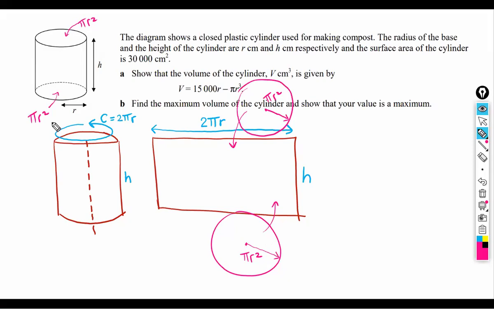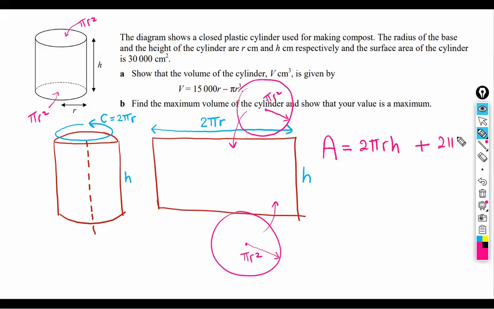So what's the total surface area of a cylinder? It's the area of the rectangular part plus the two circles, the pink circle on top and the pink circle underneath. So the surface area of a cylinder is length by breadth, 2 pi r by h, plus how much circles?